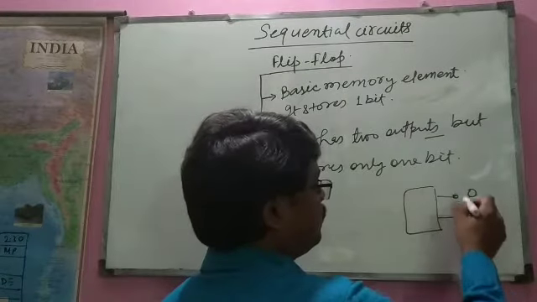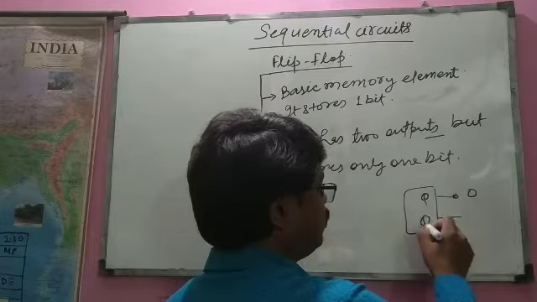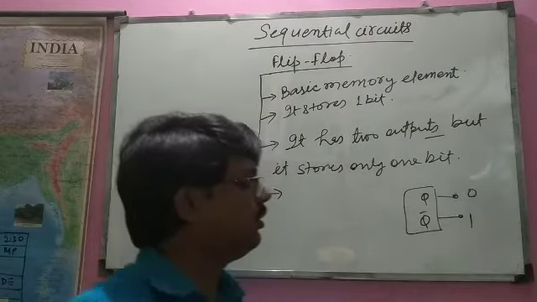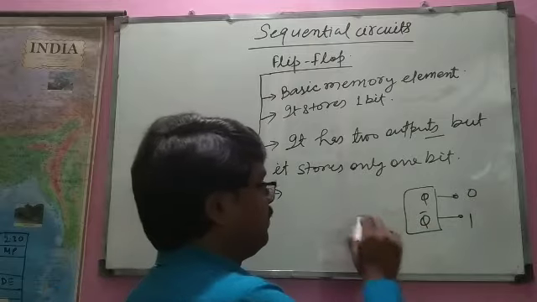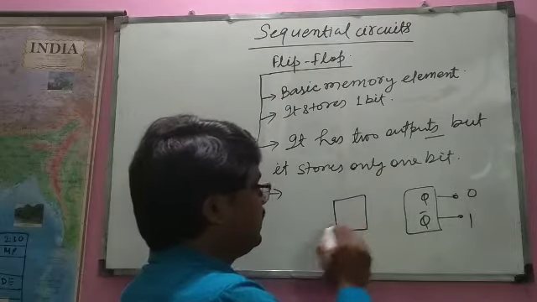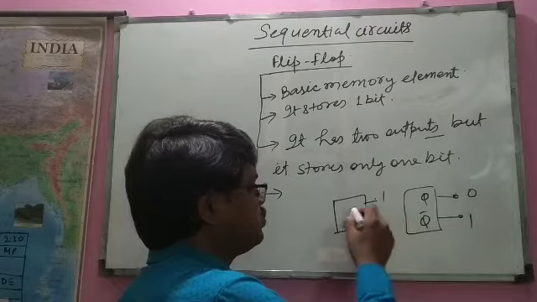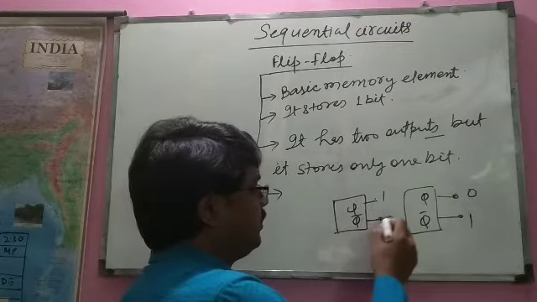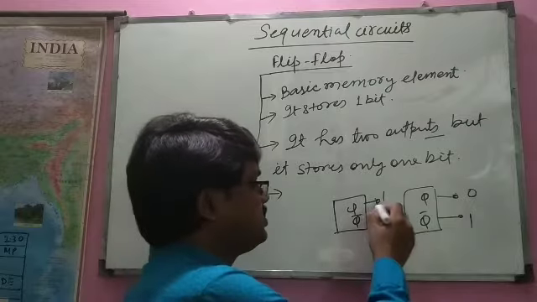So this is Q and this is Q bar. Let us suppose it has now stored 0, and in another flip flop, let us suppose, it has stored 1, so Q bar will be 0. Both of these states are stable.